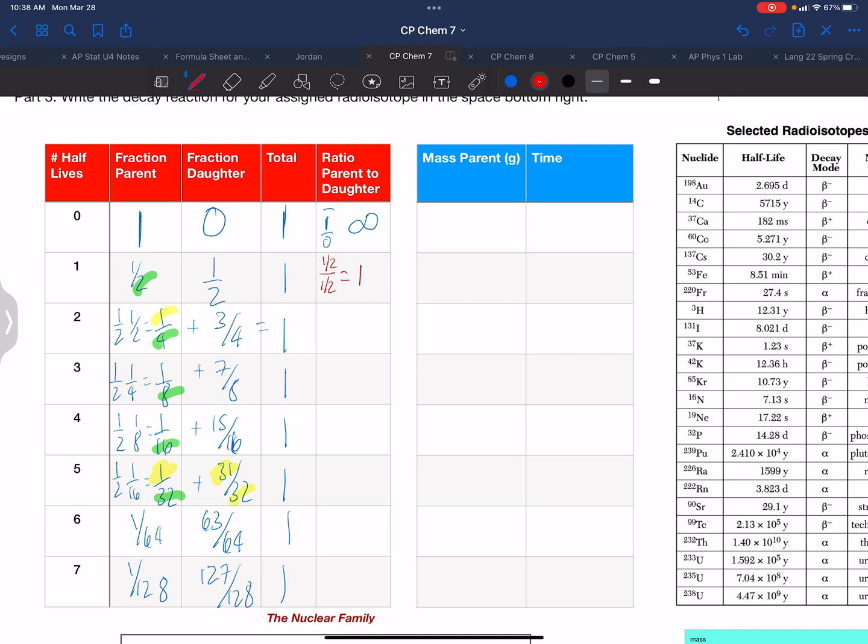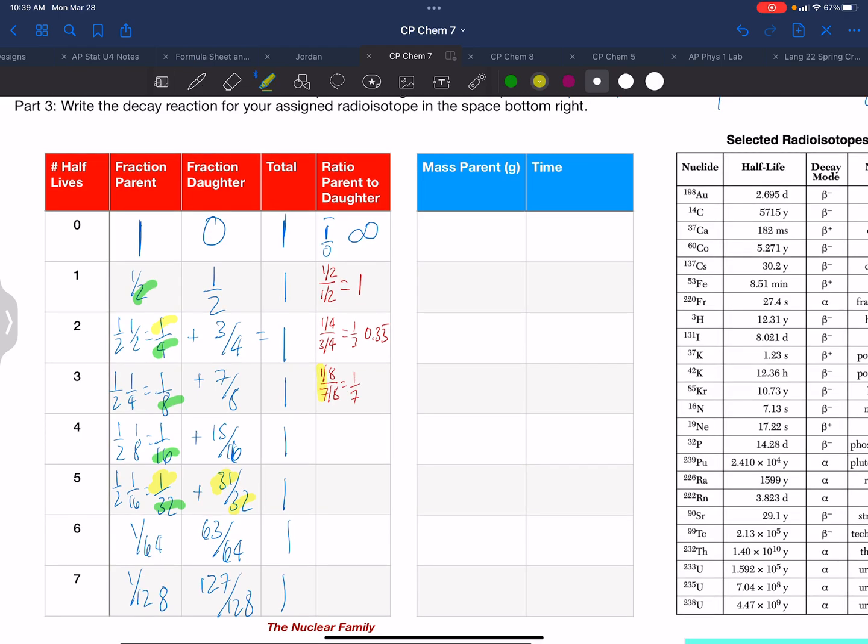And in the next case, we have 1/4 parent to 3/4 daughter, which reduces to 1/3, which is 0.33 repeating. And the next one, we have 1/8 to 7/8, which is 1/7. And so you probably noticed then that this ends up being the ratio.